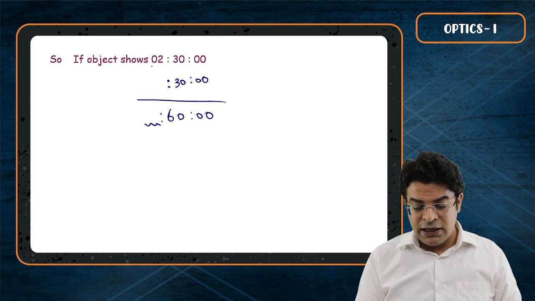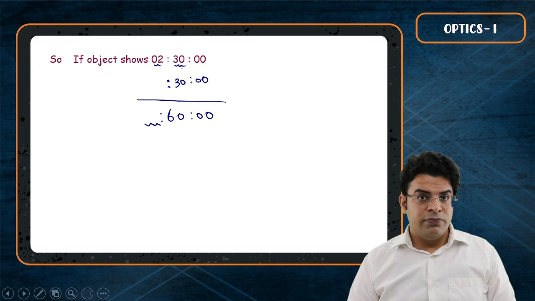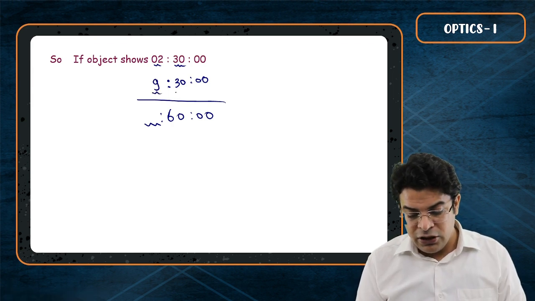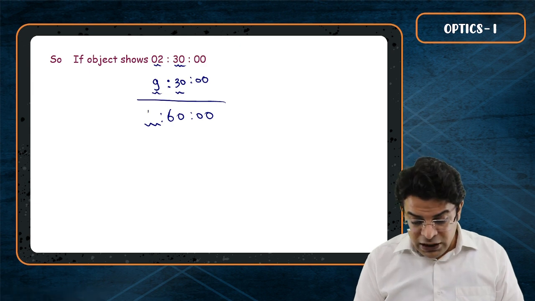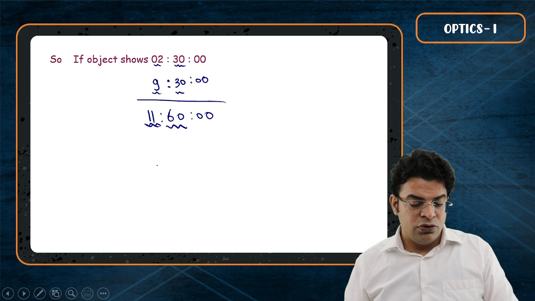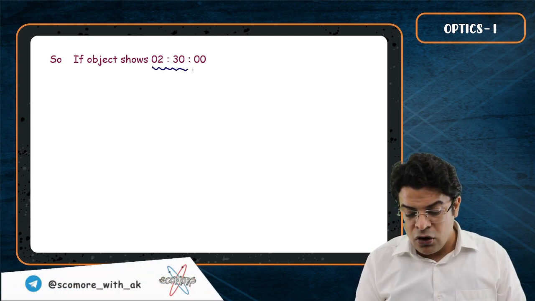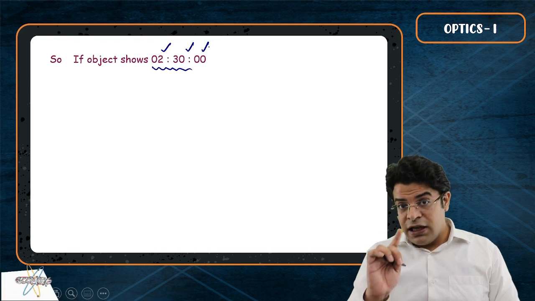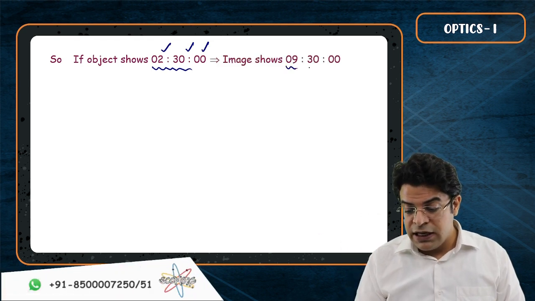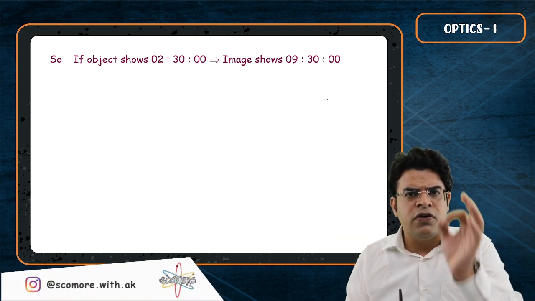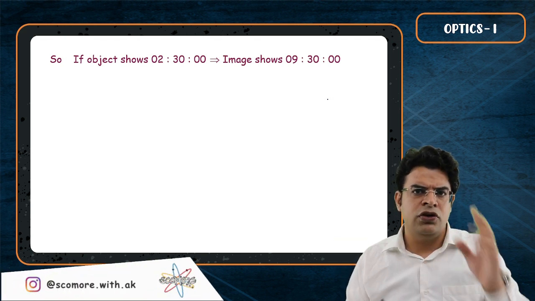So you will say that 2 hour 30 minutes plus 9 hour 30 minutes gives me 11 hour 60 minutes, which is as good as 12 hour. So if the object clock shows us 2 hour 30 minutes 00 second, then the image clock will show us 9 hour 30 minutes 00 second. Just make the total sum equal to 12 hour 00 minute 00 second.